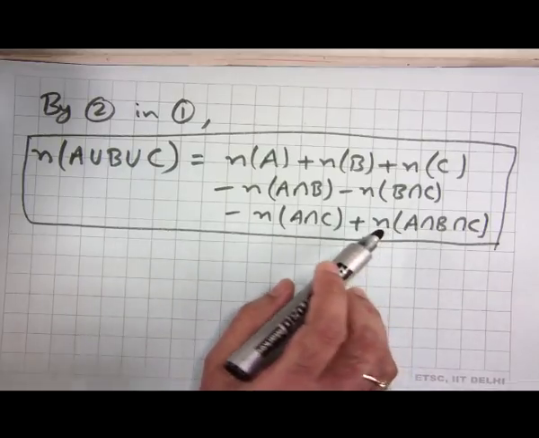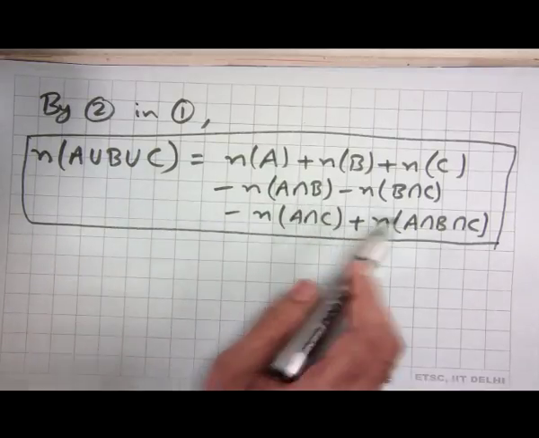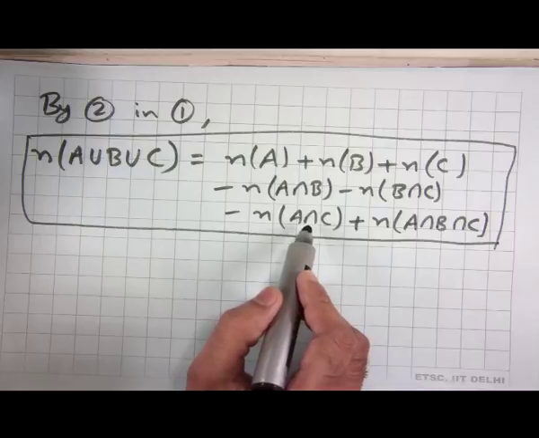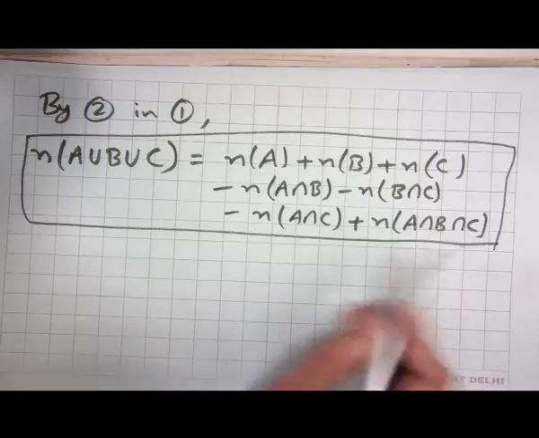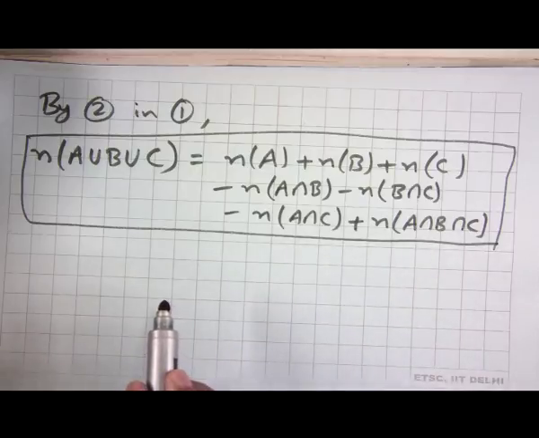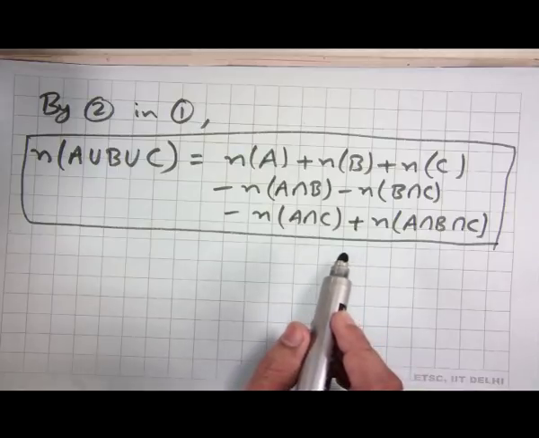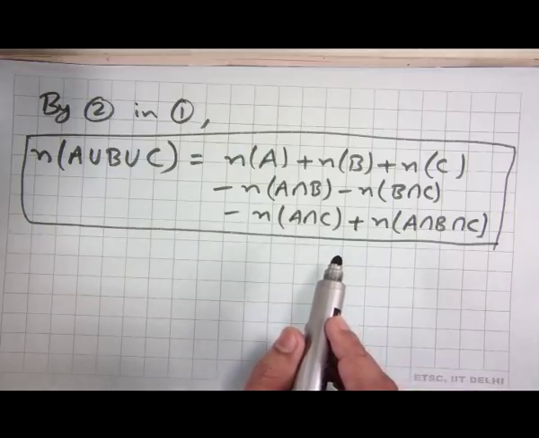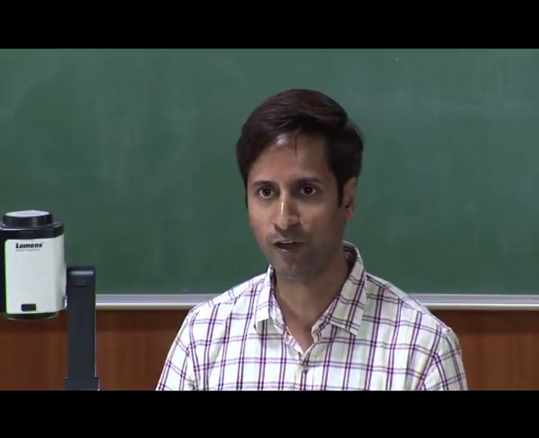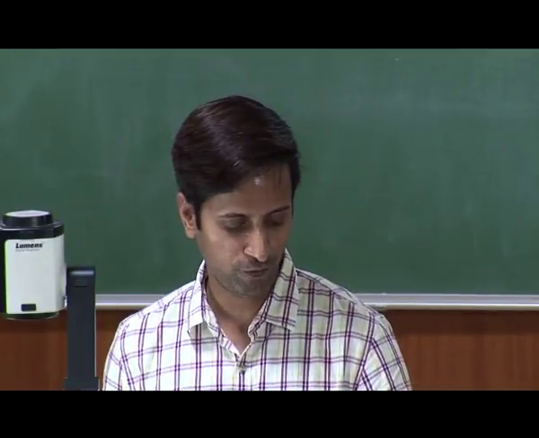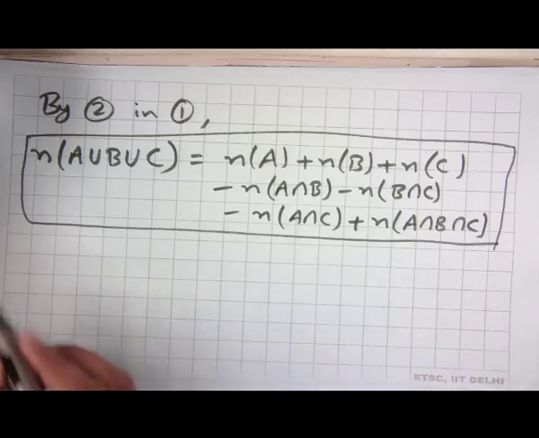Here, when you subtract the intersections 2 at a time, you have subtracted the elements in the triple intersection too much, so you will have to add that back to get the number of elements in the union of 3. Similarly, one can derive a formula for the number of elements in the union of 4 also, but we will not do that. So, let us look at an example.